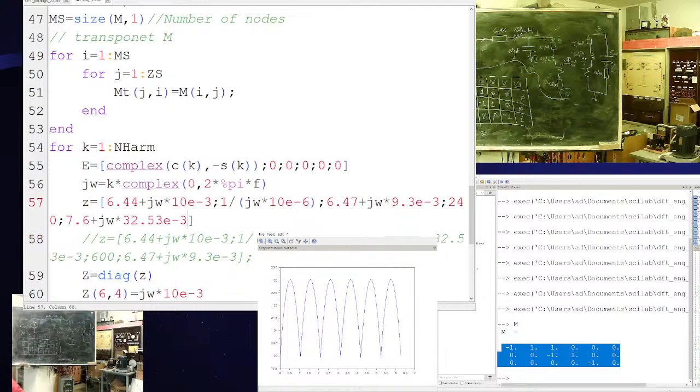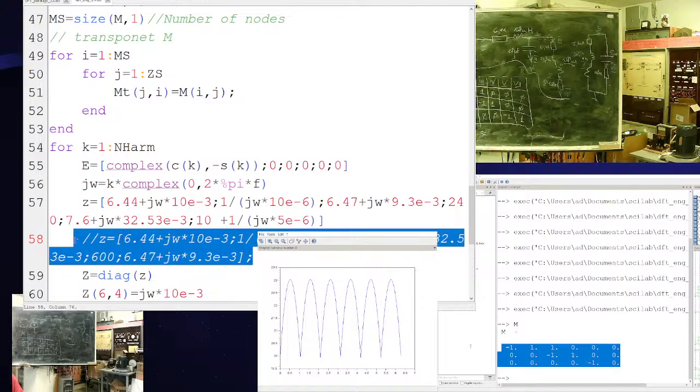And branch number 6 is 10 ohms plus 1 divided by j omega multiplied by 5 microfarads. Yes, 5 microfarads. Here it is.